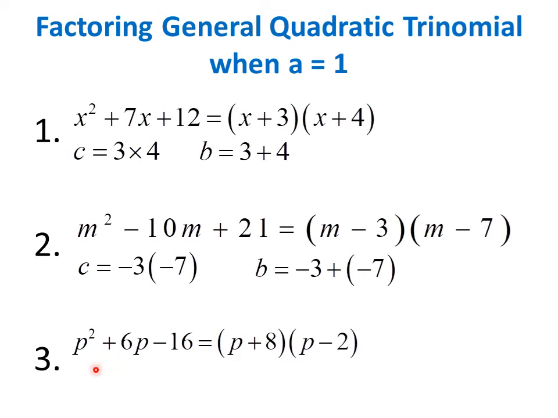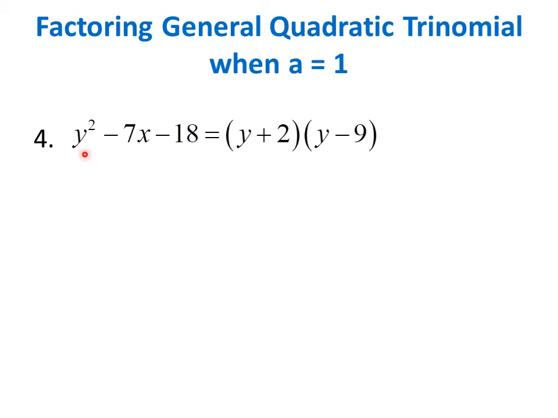So we should try negative 2 and positive 8. Let's check. Negative 2 times 8 is negative 16, and negative 2 plus 8 is positive 6. So these are the two numbers that we are looking for. So we can write here plus 8 and minus 2.